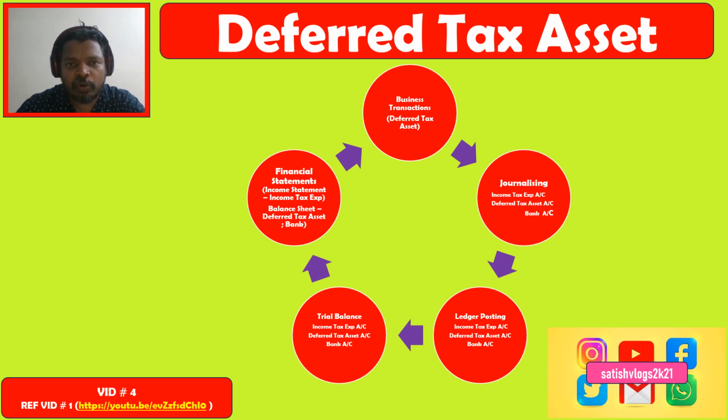So the regular tax expense would be directly debited to the income statement, and the deferred tax asset would get reported under the asset side in the balance sheet, and also the bank account would get reported under the asset side of the balance sheet. So hope this is clear, right?